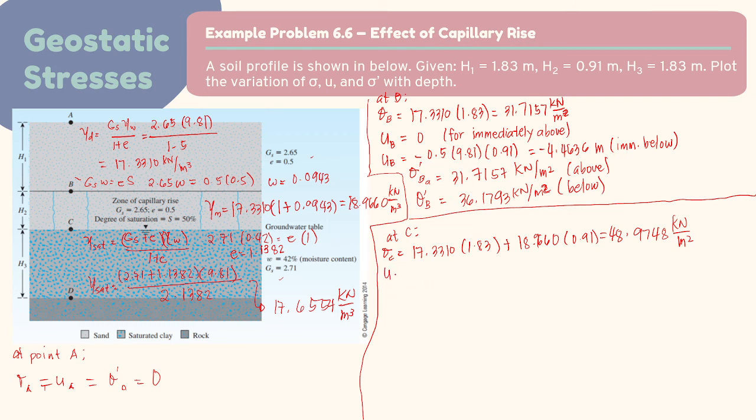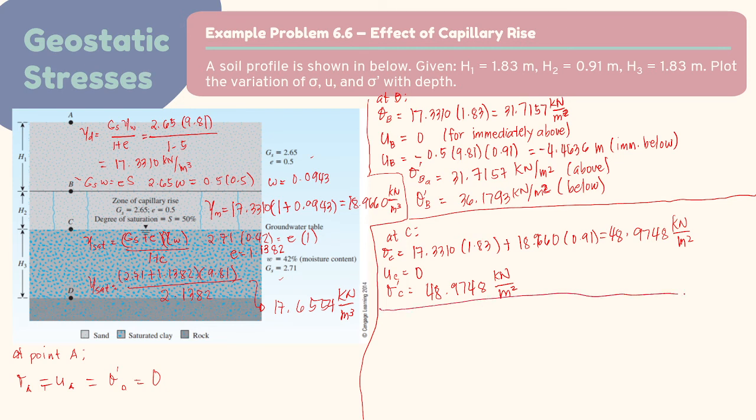The pore water pressure at C is equal to 0, and our effective stress at C is therefore equal to 48.9748 kilonewton per square meter.